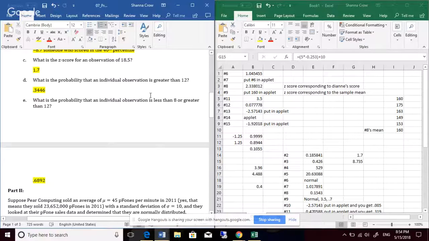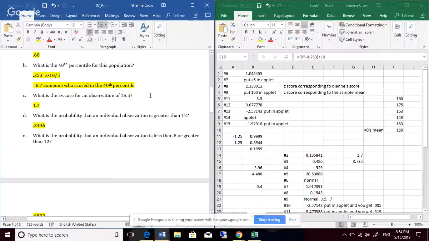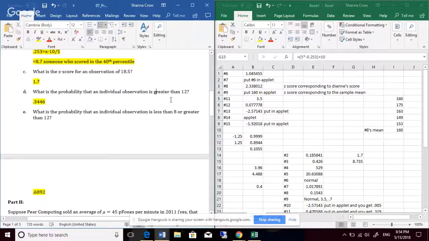Okay, what is the probability that an individual observation is greater than 12? Is this the one that we take 12 from 10? So whenever you see probability, it means it's a two-step problem.